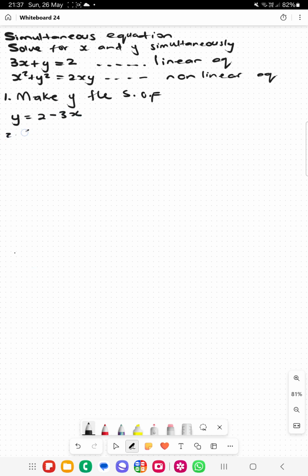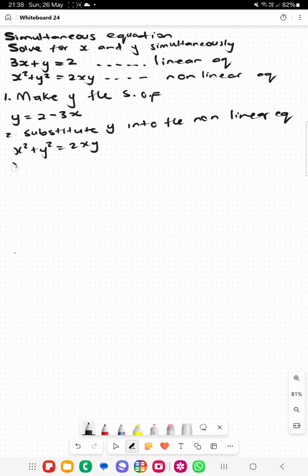Then number 2, we are going to substitute the y we just made into the nonlinear equation. All right, let's do that. So wherever in the nonlinear equation x squared plus y squared equals 2xy, wherever I see y, I'll put 2 minus 3x.